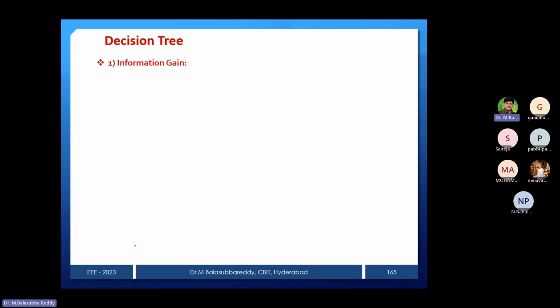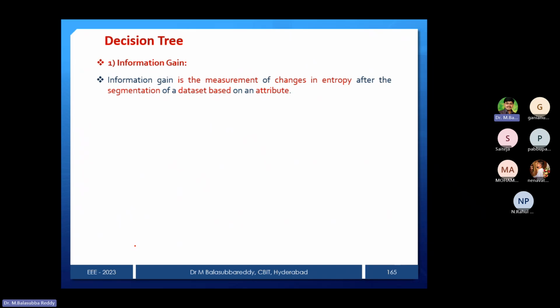In that, first we'll see information gain. Information gain is the measurement of changes in entropy after segmentation of the data set based on an attribute. So it measures the change of entropy. We'll see entropy also. Based on the calculation of entropy, we are able to decide the segmentation.